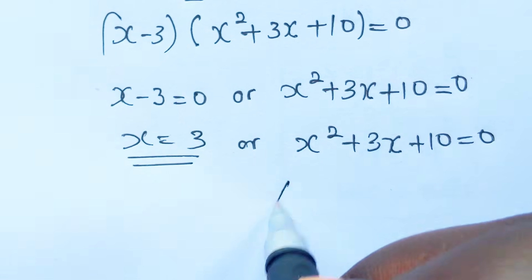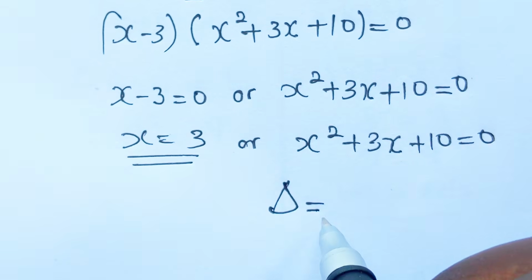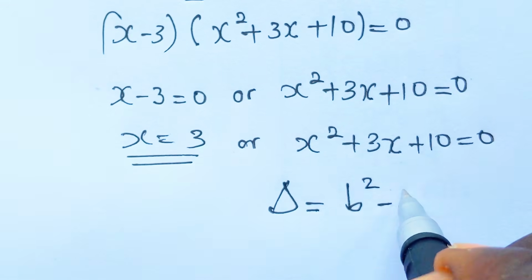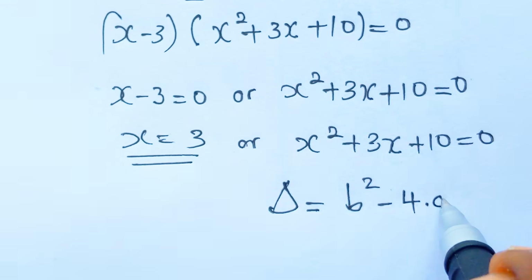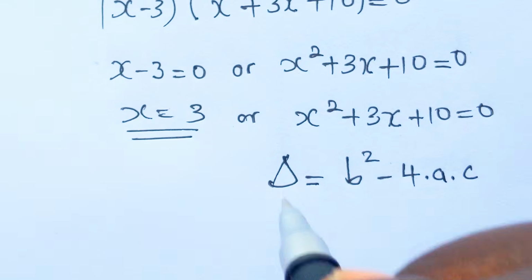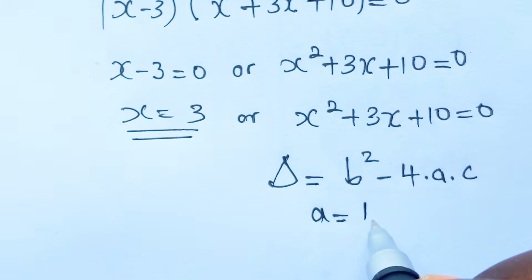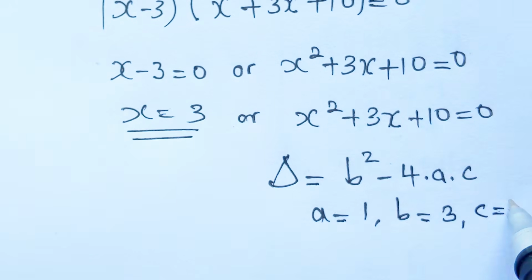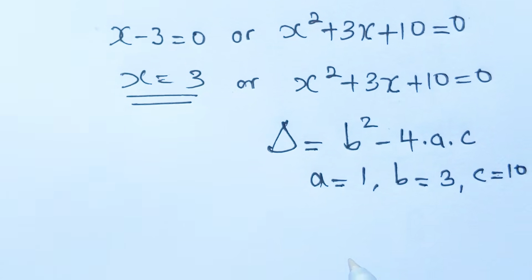Here we can find delta, which is equal to b squared minus 4 times a times c, and our a is equal to 1, b is 3, and c equals 10.